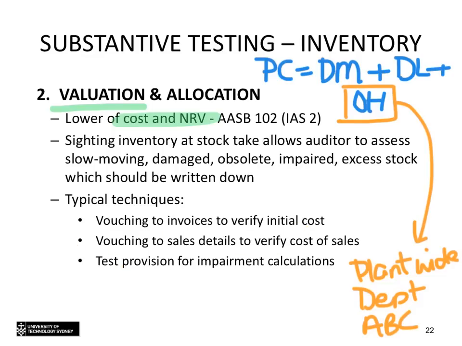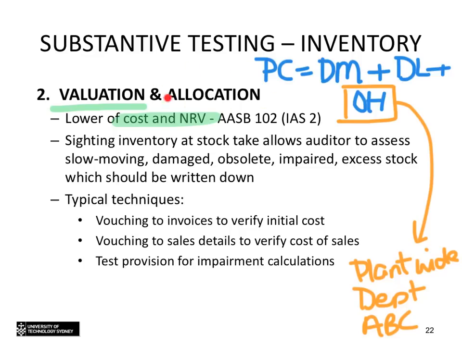There's certainly going to be lots of recalculations involved here for inventory and analytical procedures. If I'm trying to find slow-moving stock, I'm going to start by doing an analytical procedure calculating inventory turnover for each product and then sorting them slowest to fastest moving. So we've got our valuation.